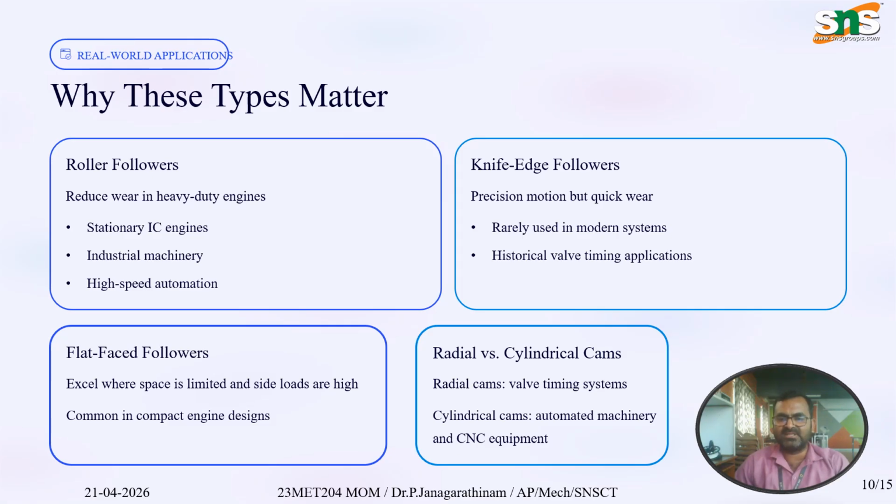Radial and cylindrical cams are used in automated machinery and CNC equipment. Nowadays CNC equipment is implemented in most manufacturing sectors, because automation is mandatory for reducing human effort. Wherever we use CNC equipment, these radial and cylindrical cams are used for converting the motion.